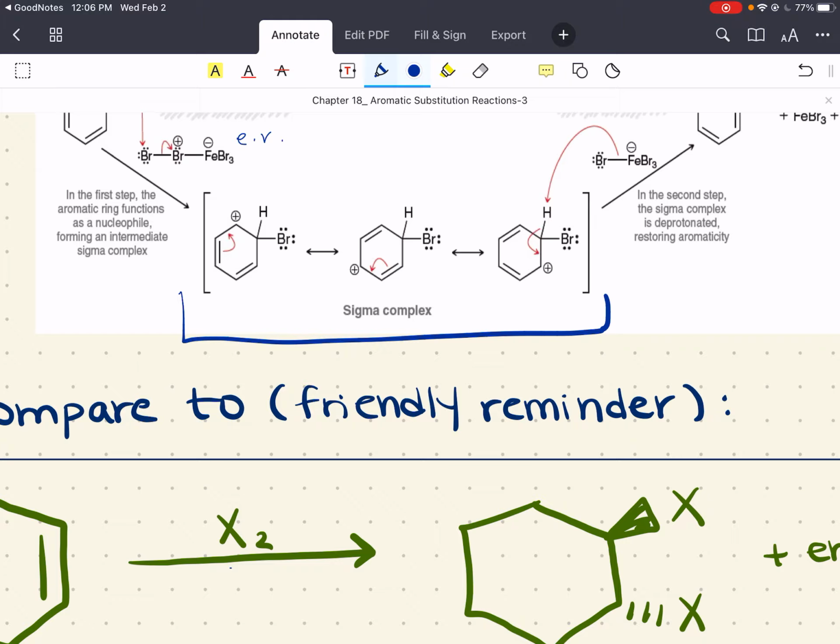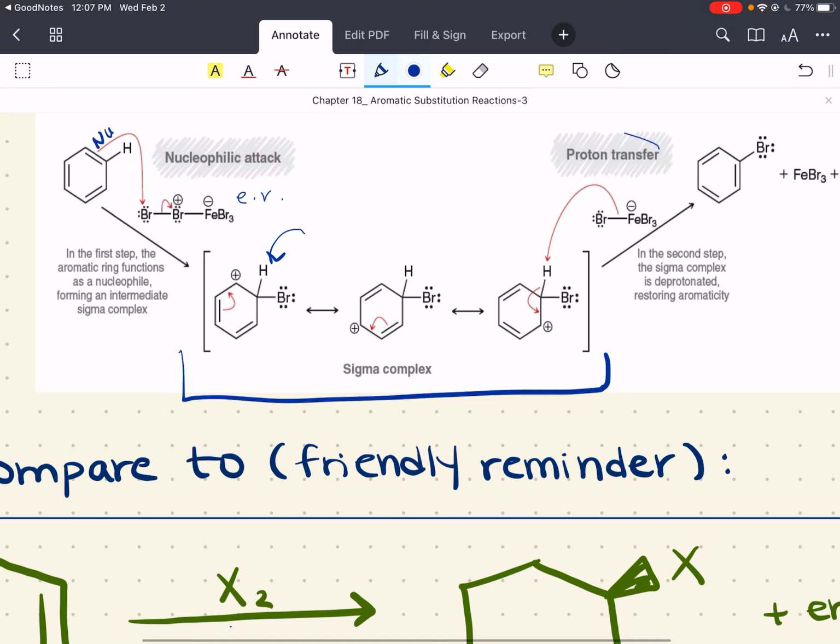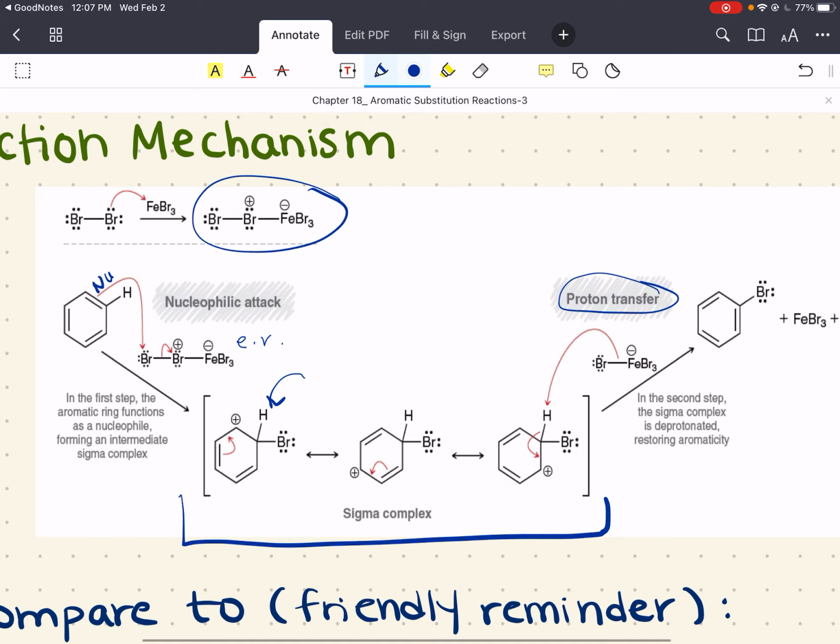Now, the consequence of forming this sigma complex is obviously the loss of aromatic stability. So this step actually requires a lot of energy. But no worries, because our last step is a proton transfer that reforms an aromatic product, which is very stable.